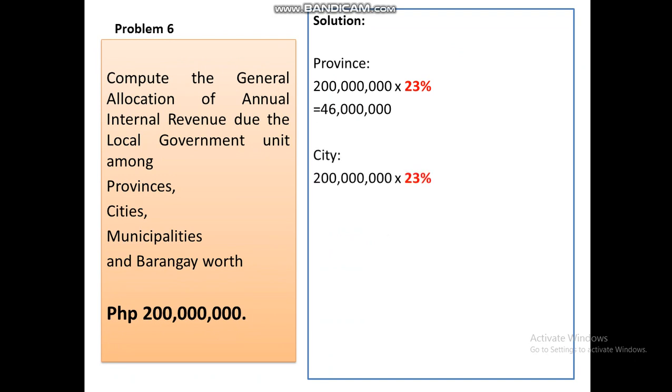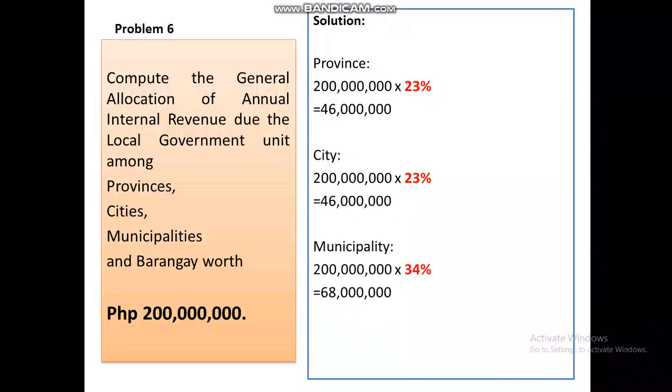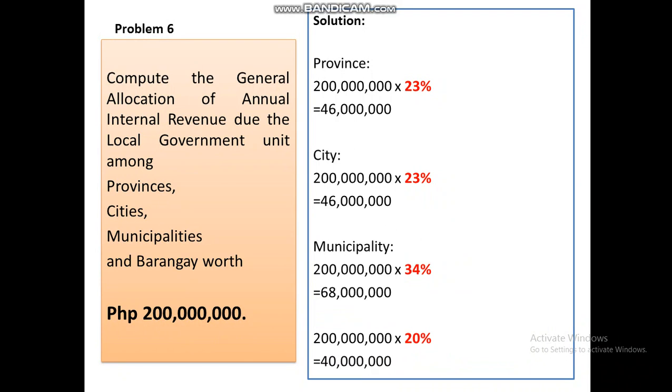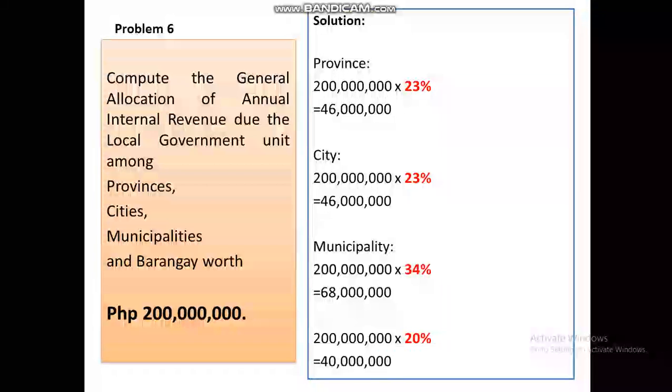City, same, 46 million. And municipality na 34% or 68 million. And again, itong problem na ito ay laging bumabalik-balik. And last for the barangay is 20%. So it is 40 million.